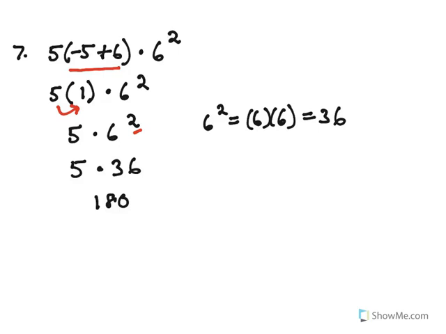Okay? Because if you do the arithmetic like this, 6 times 5 is 30, carry the 3. 5 times 3 is 15, plus 3 more is 18. So it checks, okay? So 180 is your answer for this particular problem, okay?